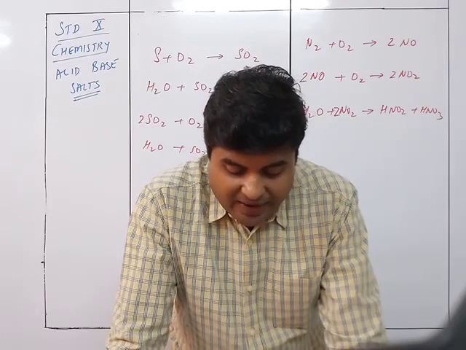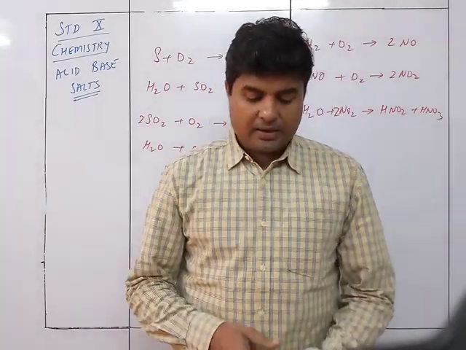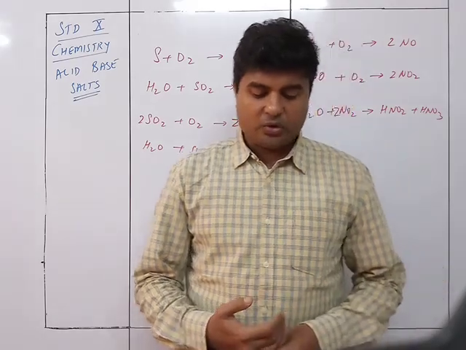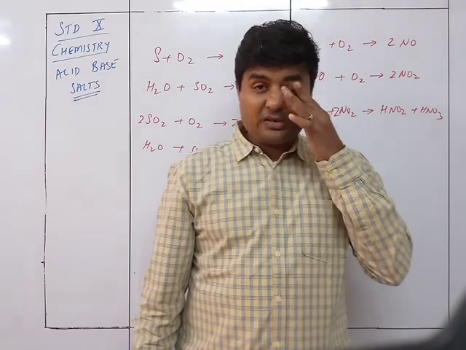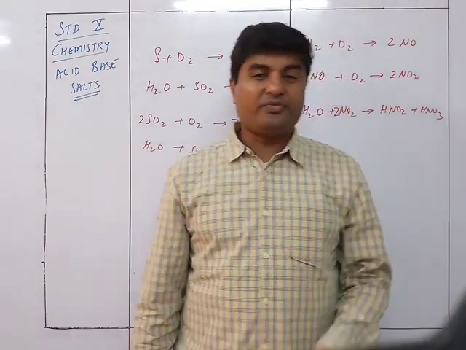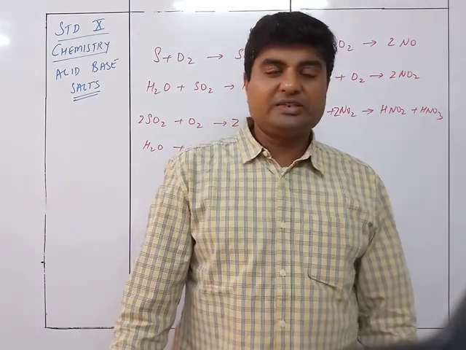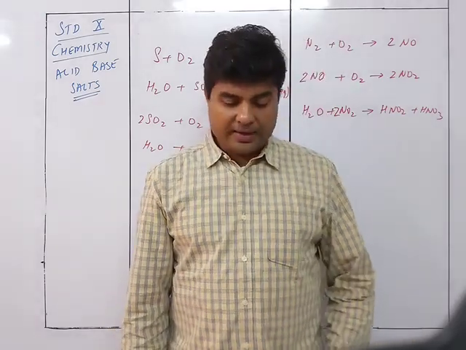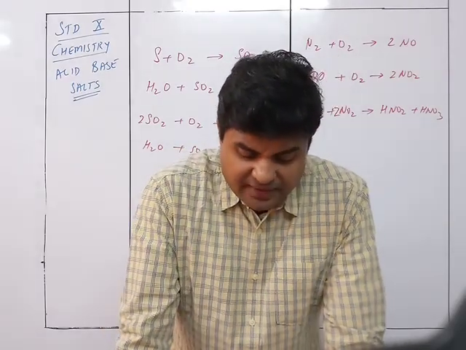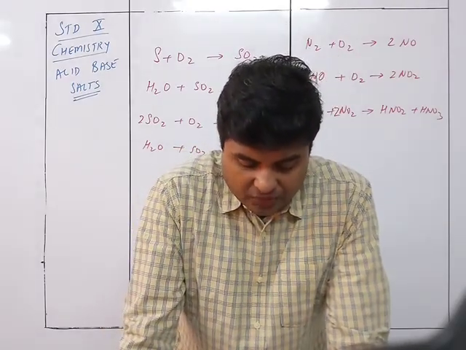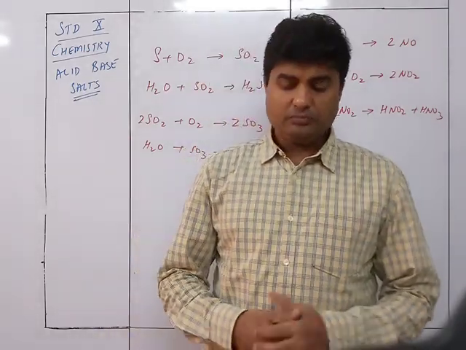Softening of water is calcium hydroxide, and removing grease stains from clothes, it's ammonium hydroxide. So that is the uses of acids and bases. Of course, the proper uses of the acids and bases will be covered in the respective chapters of HCl, HNO3, ammonia and H2SO4. So here they have given the basic reaction of acids and bases to form neutralization.